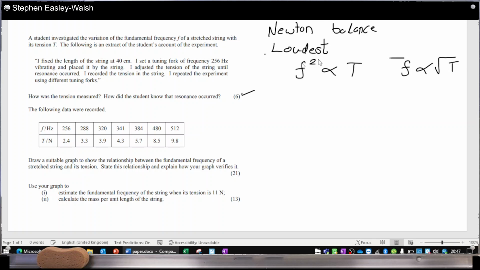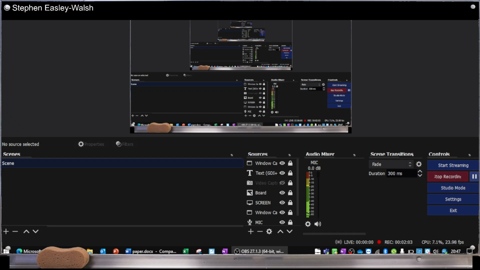Perhaps we should read ahead to decide which graph would be more useful to us. Draw a suitable graph and then use your graph to estimate the fundamental frequency of the string when it's at 11 newtons. Okay, so in that case it would seem like this one would be more useful to you. So we'll open up Excel now and have a look at that.